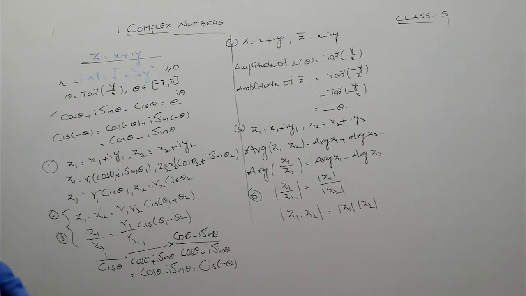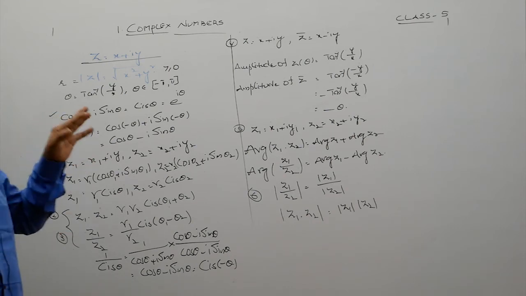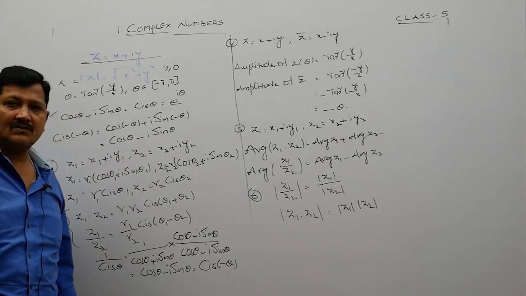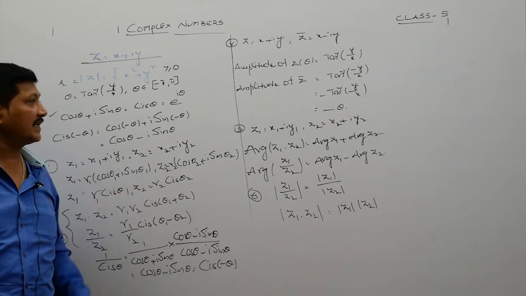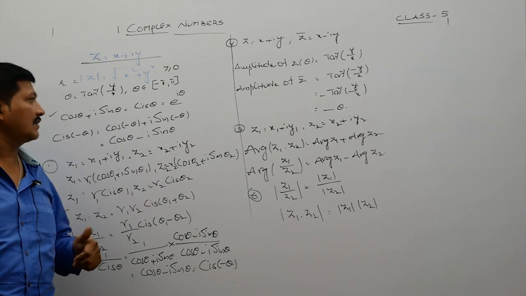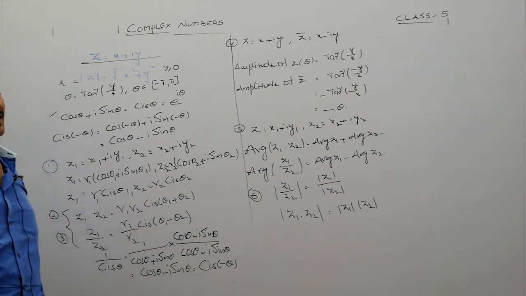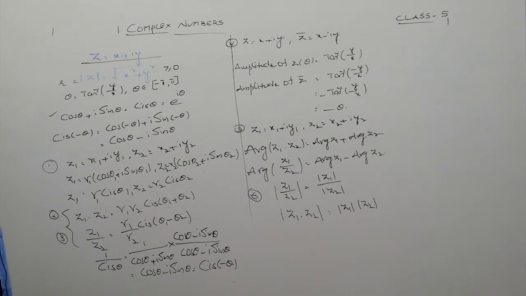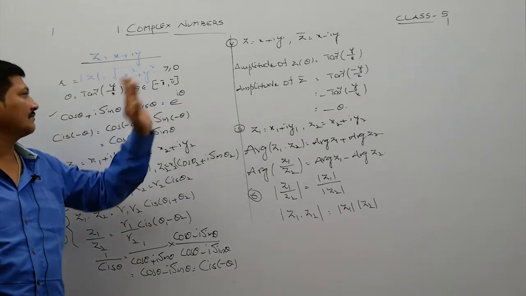Similarly, the last case, suppose cos is positive, sine is negative. Then what will happen is we will move to the fourth quadrant. In the fourth quadrant the angle will be 270 plus θ or 360 minus θ. Again that value does not belong to this range.